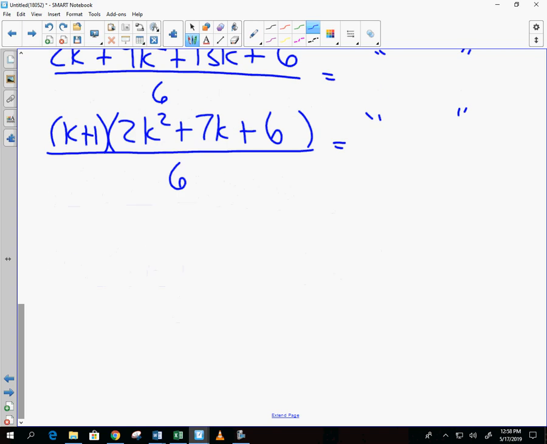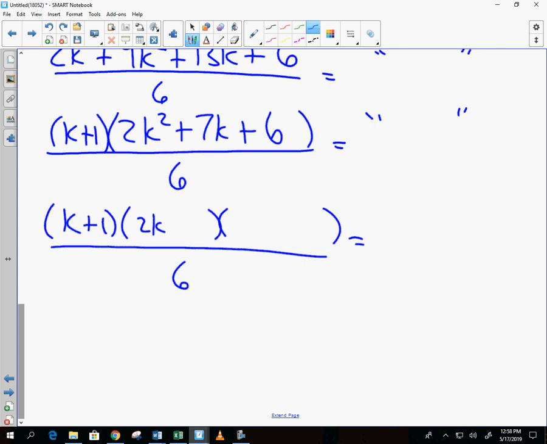Is it starting to look more like the right-hand side? Do you think you can factor that 2k squared plus 7k plus 6? I hope we can. I guess I got a 2k and a k. Six and 1, 3 and 2, 2 and 3, 1 and 6. What do you think?